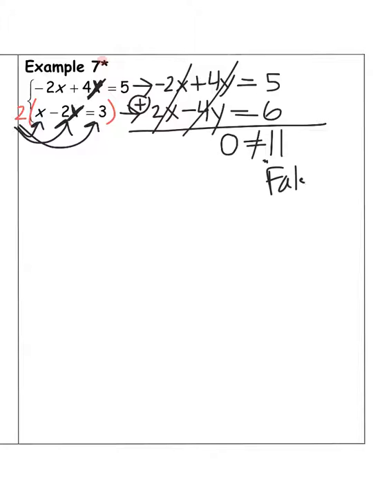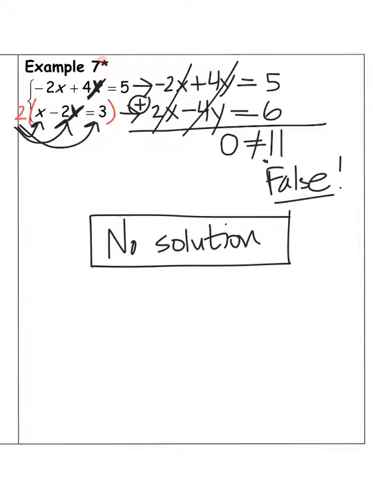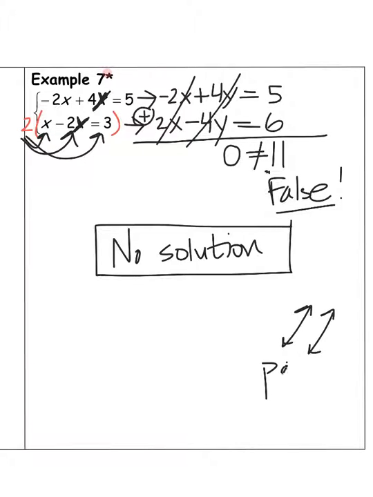That is false. And if all the variables cancel and you're left with something false, that means there is no solution to this system of equations. Remember, no solution really means that our lines are parallel if you were to graph them. They're parallel lines. They have no intersection point.